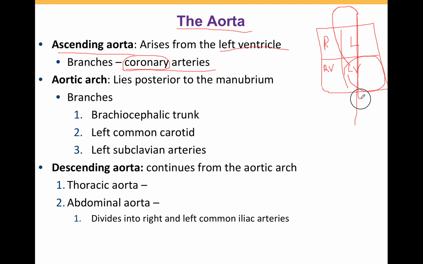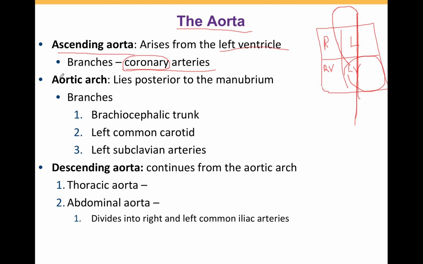I'm descending. So ascending aorta, going up. Then I arch to form the aortic arch, and then I start to come down behind the heart to go down to the abdomen, the rest of the thoracic, your legs, to supply them with oxygen. You do that through the descending aorta.